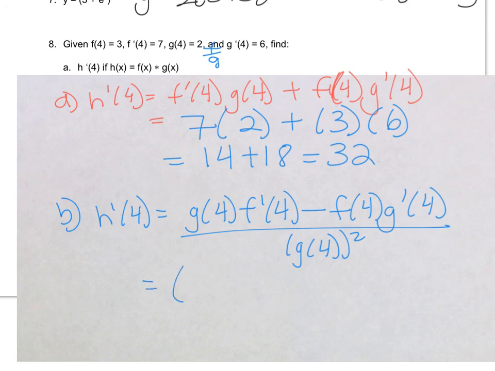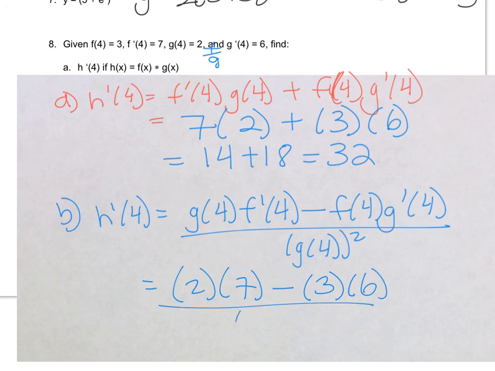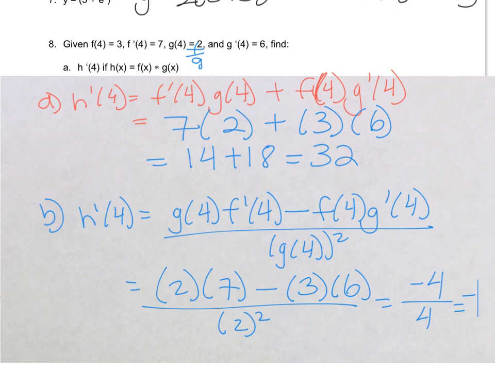So let's see, g of 4 is 2, f prime of 4 is 7, minus... so let's see, 14 minus 18 gives us a numerator of negative 4, denominator of 4. Oh, so the final answer is negative 1.